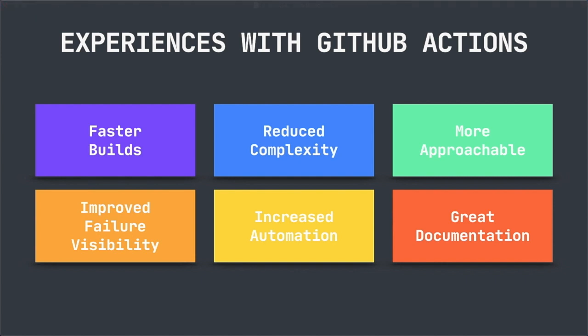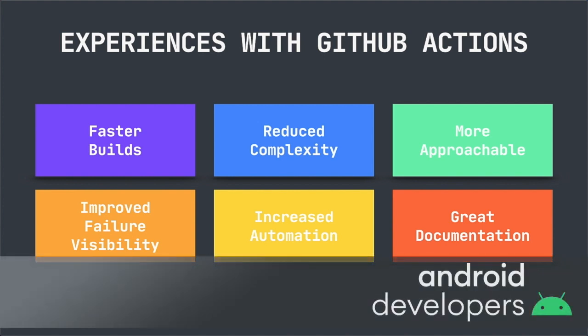So here is a small list of benefits or improvements that we found in using GitHub Actions. So first off, faster builds. My current team, we are prototyping using GitHub Actions for our build over Travis, and we have seen something along the lines of a 10% build speed reduction in just pure Gradle task execution.